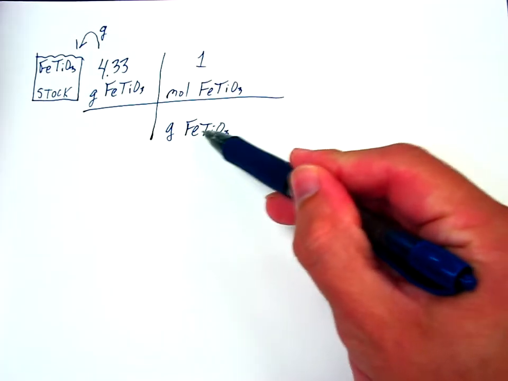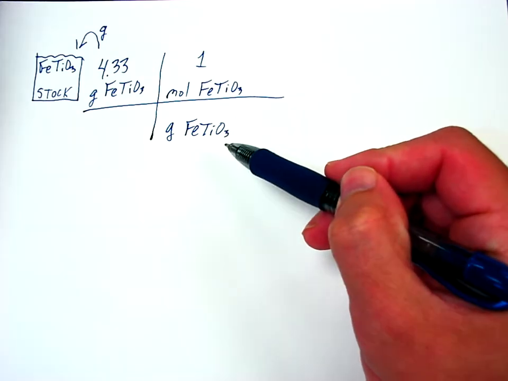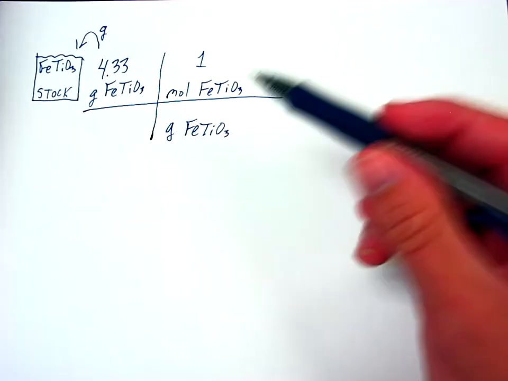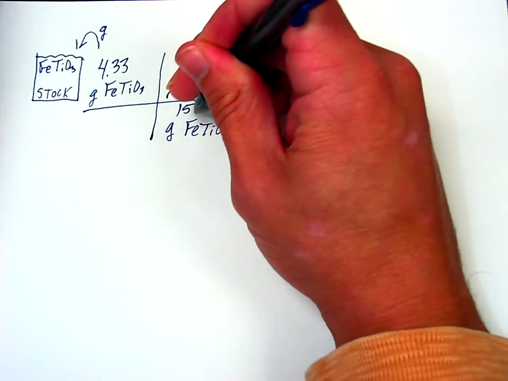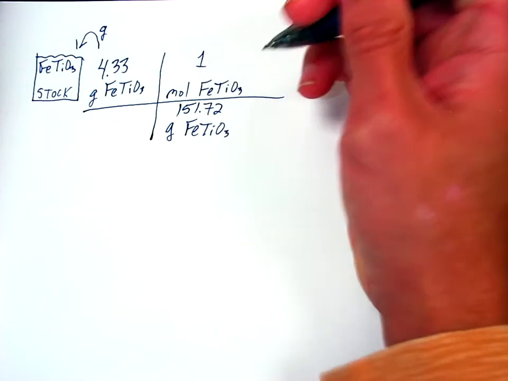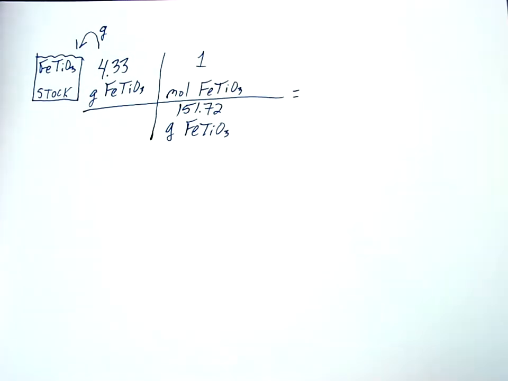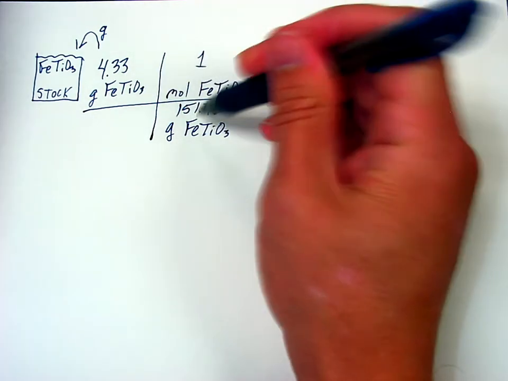If you add this molar mass up on the periodic table, you're going to get 151.72. Multiply and divide.